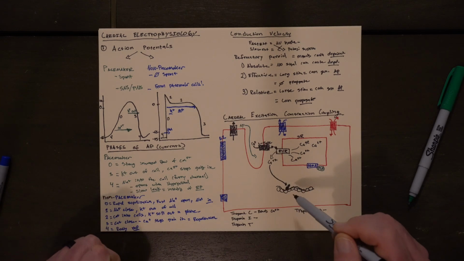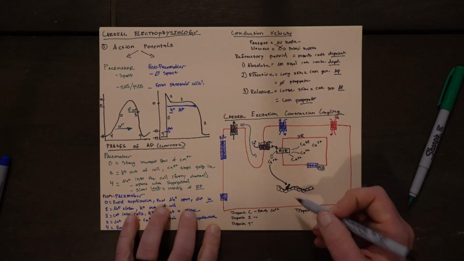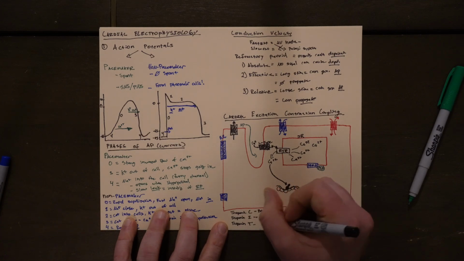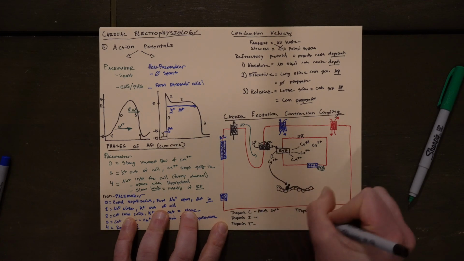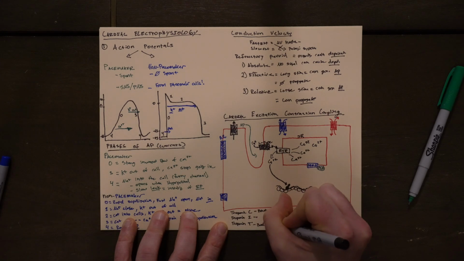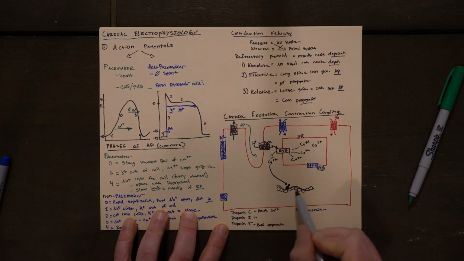Then troponin C causes a conformational change, and troponin T, which is bound to troponin C, is also bound to tropomyosin. That causes a conformational change, right?